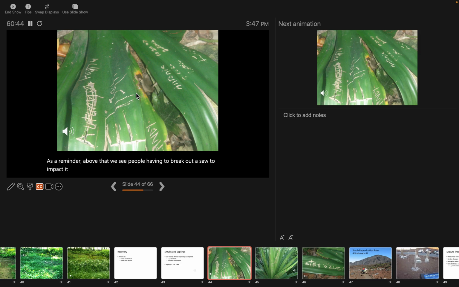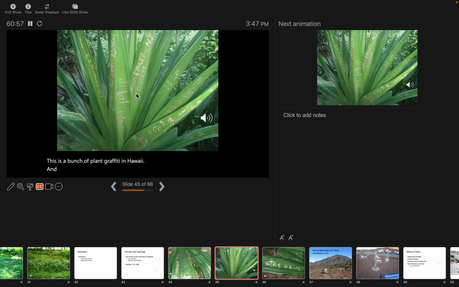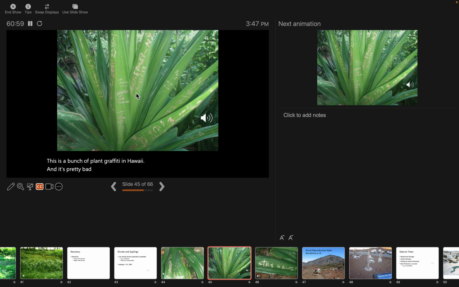What people don't need a saw to do is to carve into fleshy succulents. So this is a bunch of plant graffiti in Hawaii, and it's pretty bad. This particular individual plant is about 8 feet tall, and it is covered root to shoot in graffiti.